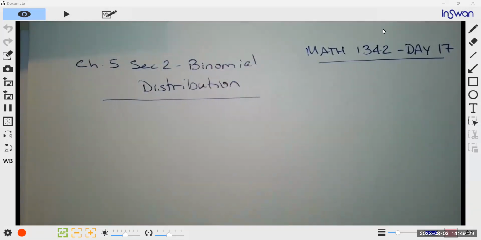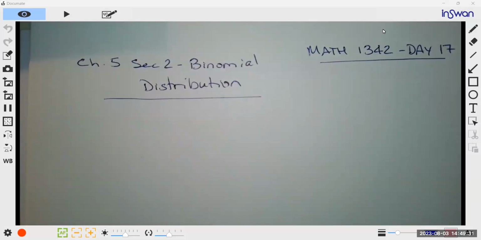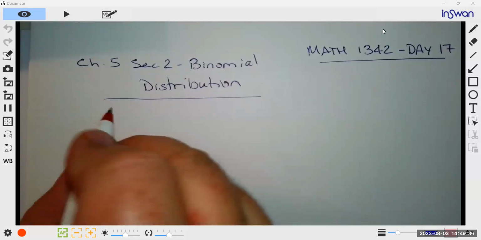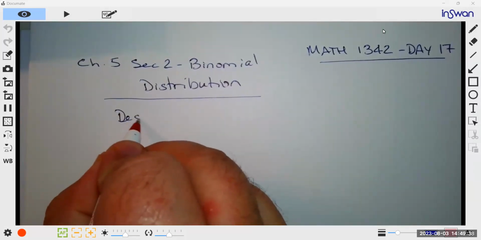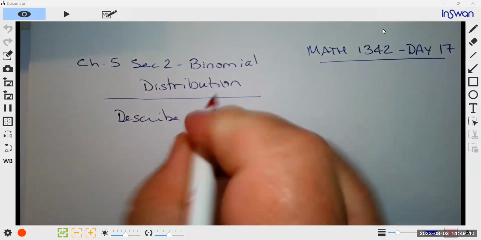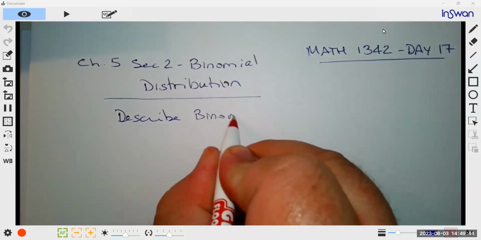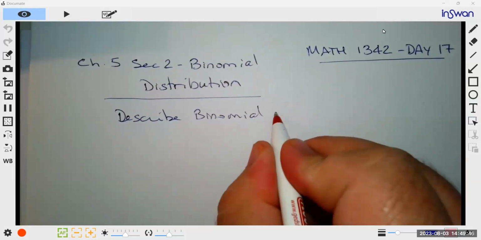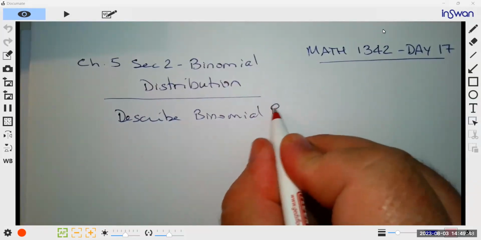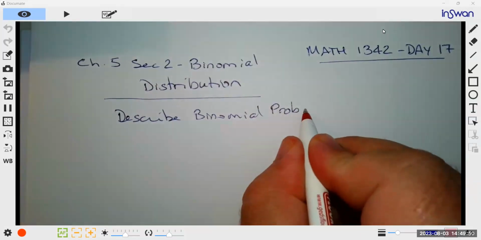In this section, we're going to look at three main parts. We're going to describe binomial distributions or binomial probability distributions.